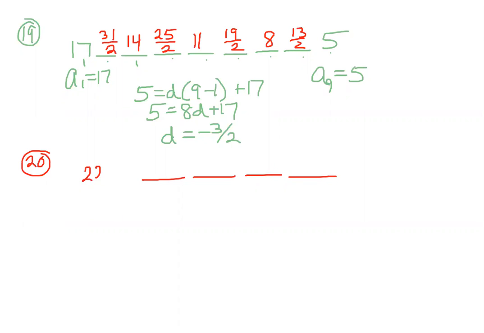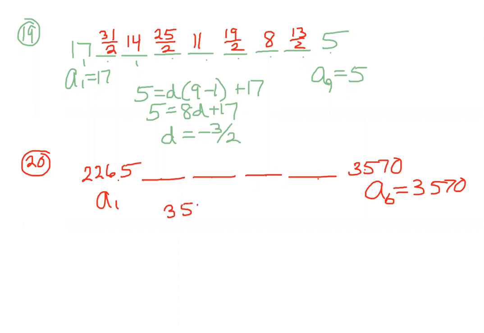So 2,265 and 3,540. This is A1. This is A what? 1, 2, 3, 4, 5, 6. A6. So we're going to say A6 equals D times 6 minus 1 plus A1. And when you do that, you're going to get D equals 261.